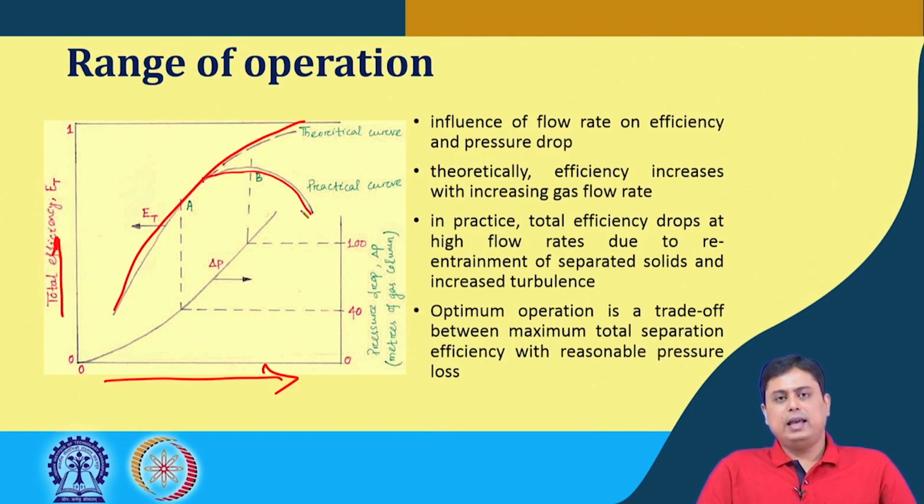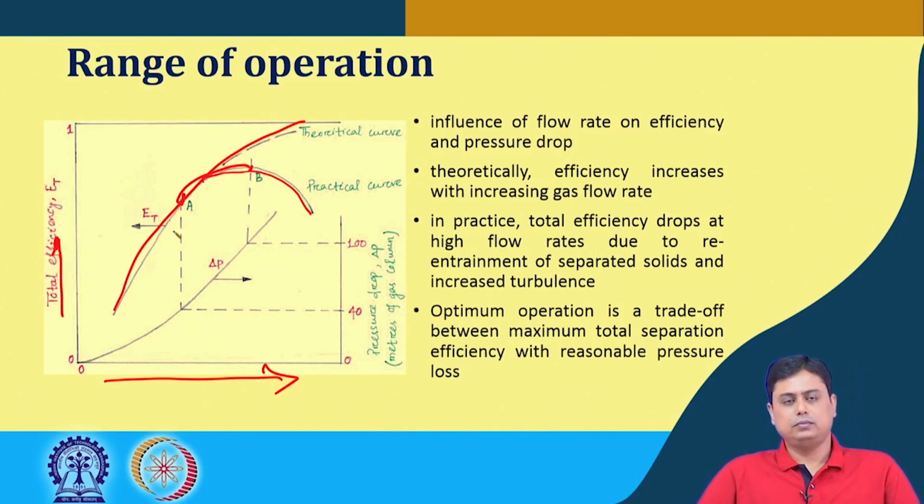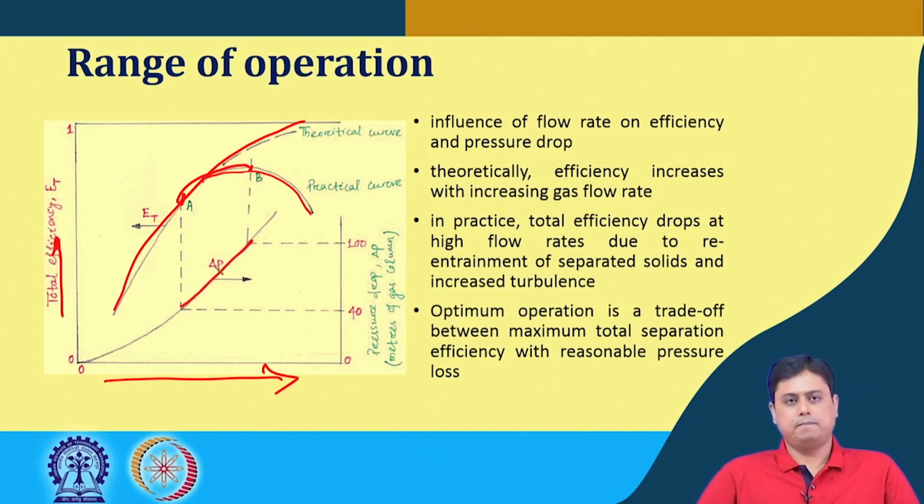So, that is why there is a trade off between the optimum operation and the pressure loss that can be afforded, and there we can have a certain efficiency. So, for this example, from point A to point B and the corresponding pressure drop line, this is the window where this cyclone separator should be utilized in that operating condition.